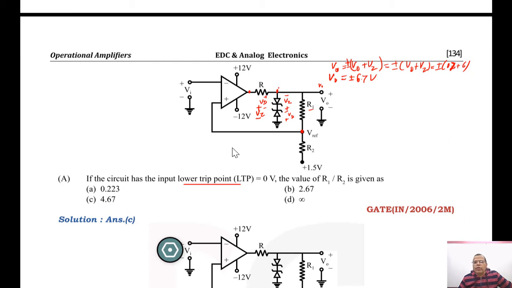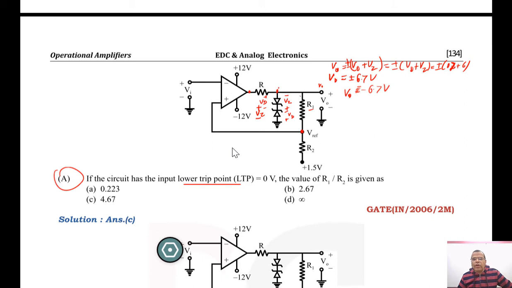Lower threshold voltage is the voltage applicable for negative output, and upper threshold voltage is the voltage applicable when output is positive. So for this part of the question, the output voltage is minus 6.7 volt. So if output voltage is minus 6.7 volt, you have to find the voltage here.